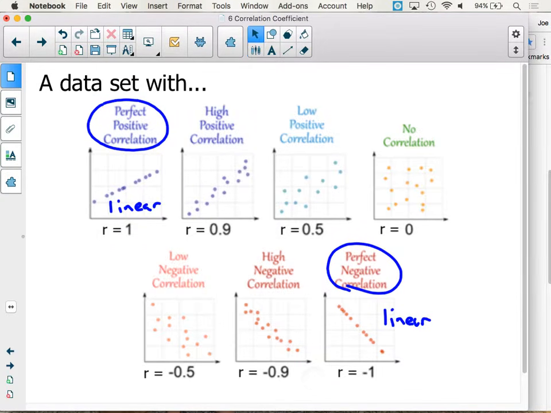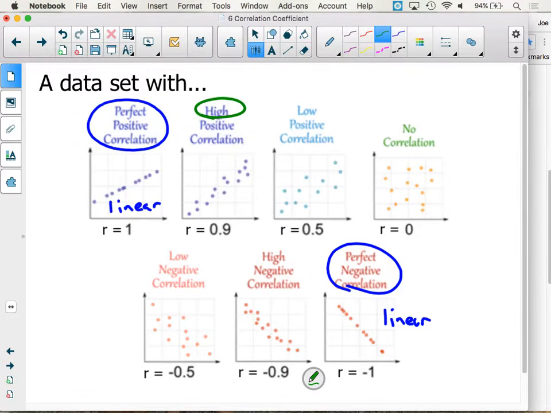Now, as that R value goes to about 0.9 or -0.9, please notice that the correlation is still pretty high. It's still either high positive or high negative. If you look at the corresponding scatter plot, it's not linear. It's not a perfect straight line, but it's pretty darn close. A line of best fit would probably go through many of the points, and the ones it didn't go through wouldn't be too far off.